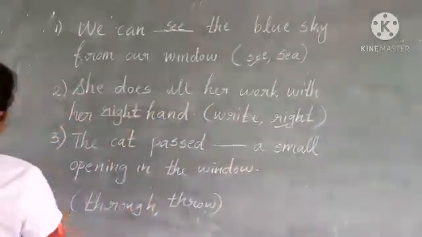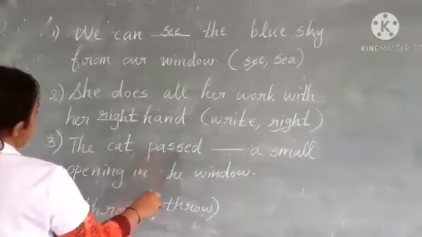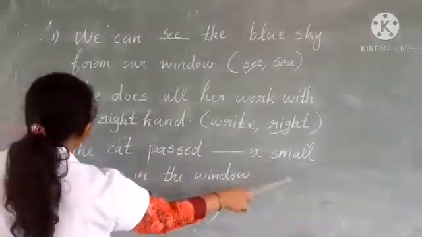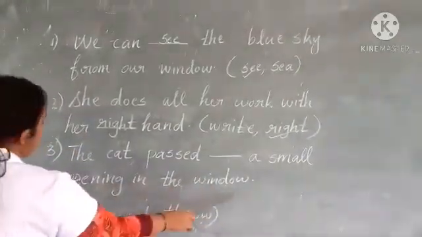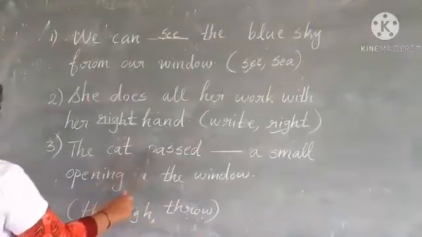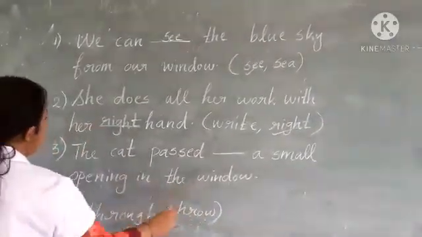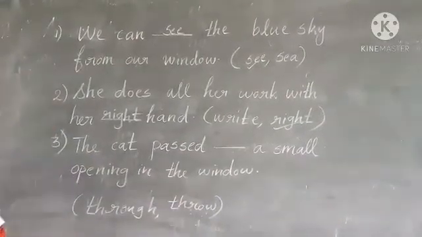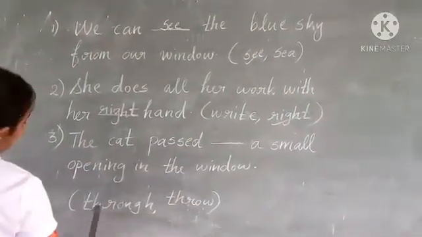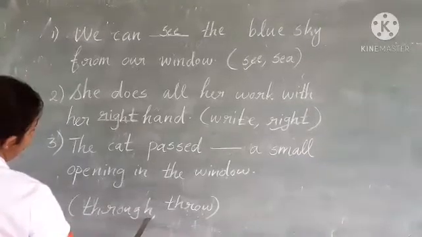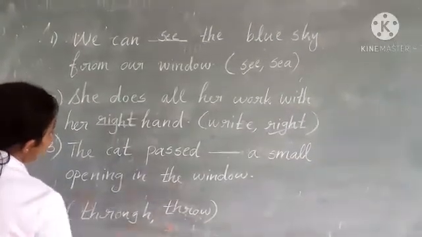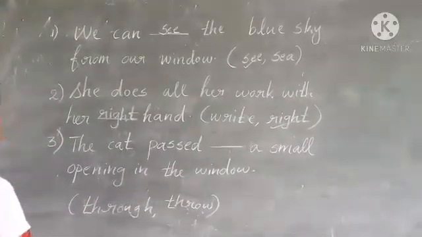And the third sentence: The cat passed dash a small opening in the window. In the bracket they are given the words T-H-R-O-U-G-H, through, and T-H-R-O-W, throw. So which is the correct one?